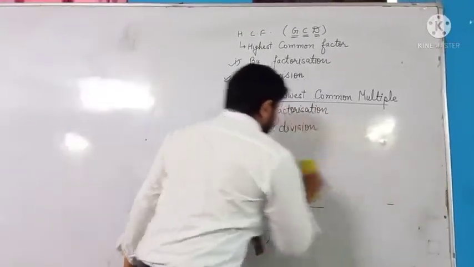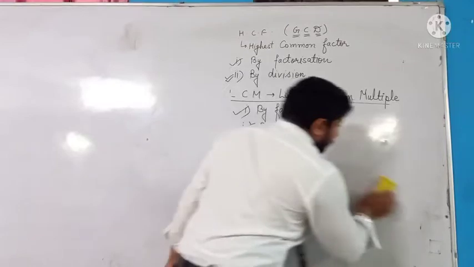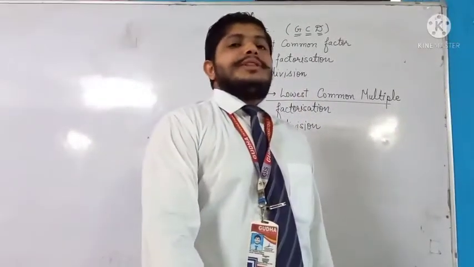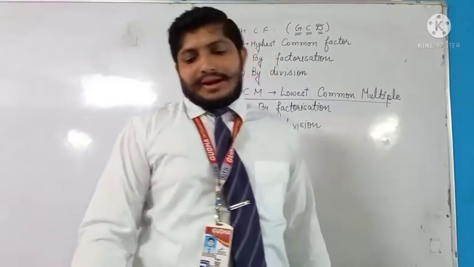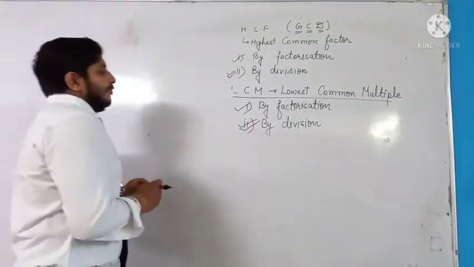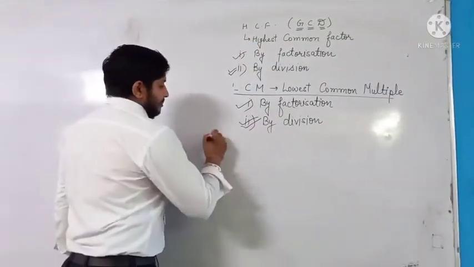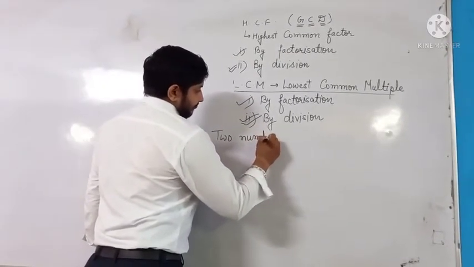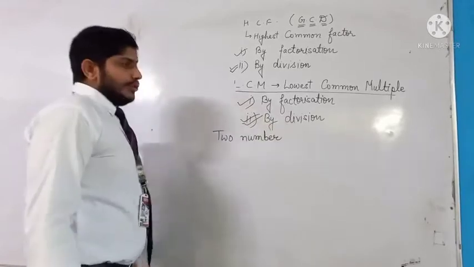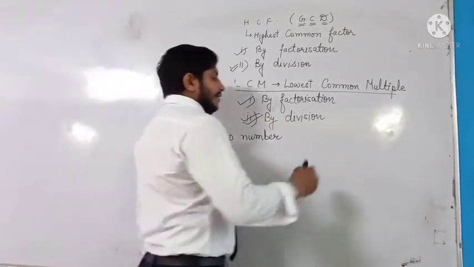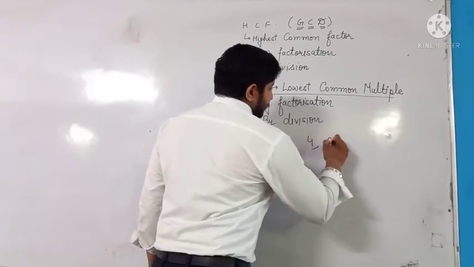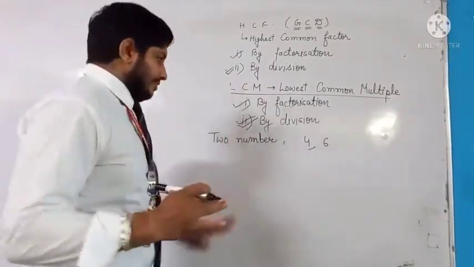Next, there is one relationship between the numbers and HCF and LCM. If two numbers are given, any two numbers like 4 and 6, you can write any two numbers.